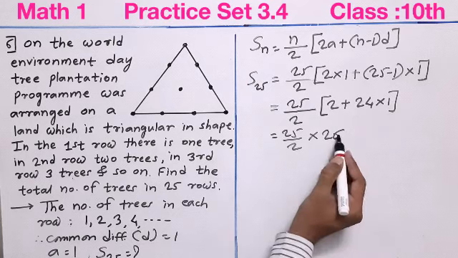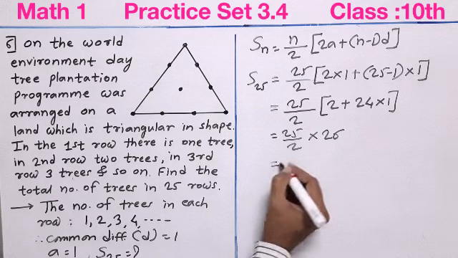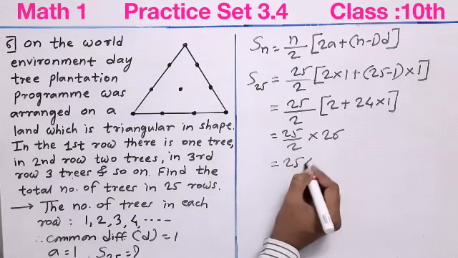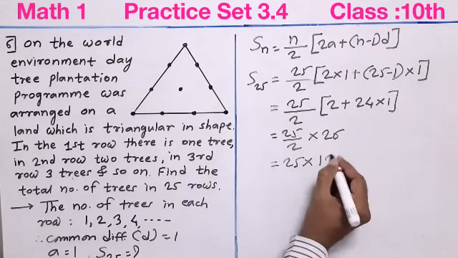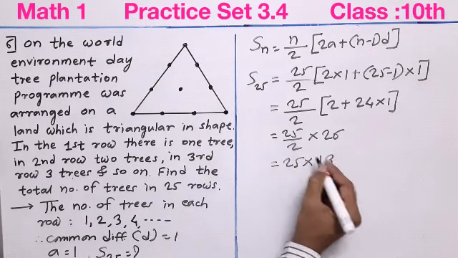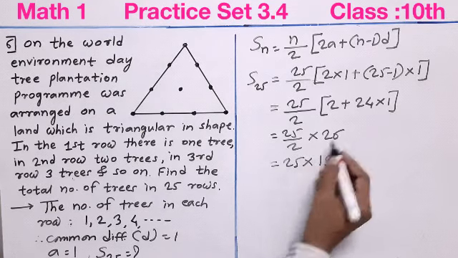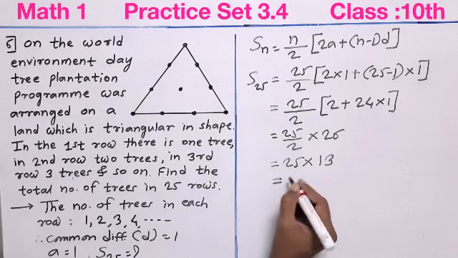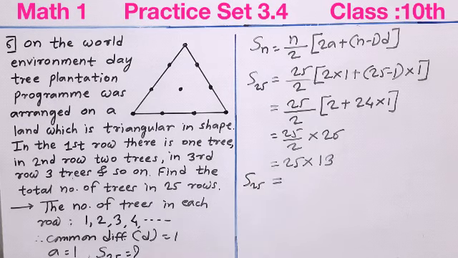Now this 26 is divisible by 2, so we can divide this 26 by 2. 25 will be as it is, and 26 upon 2 will become 13. 2 ones are 2 and 2 threes are 6. So 13 is the answer of this division. Now let us multiply these two numbers so that we get the value of S25.